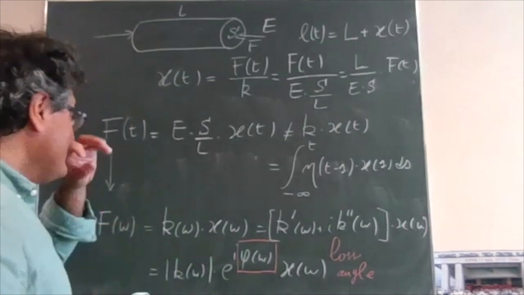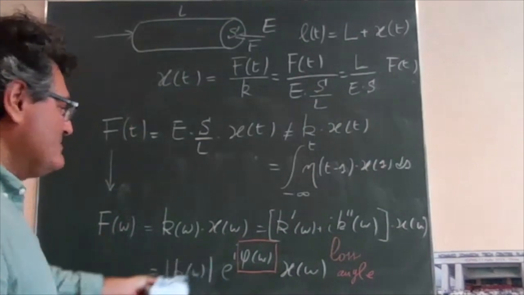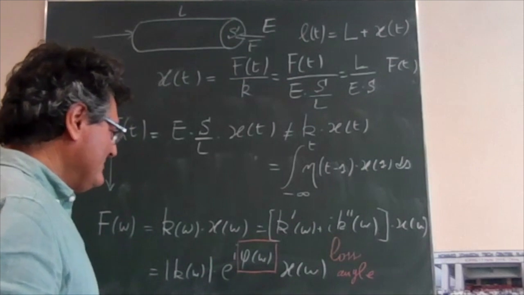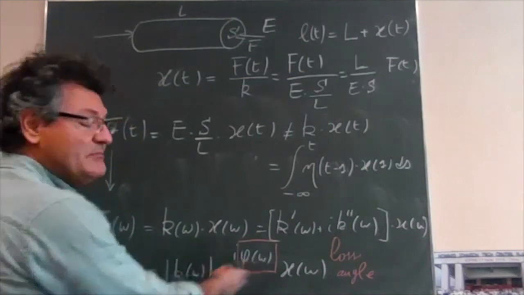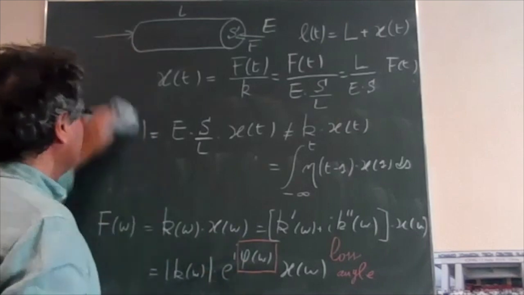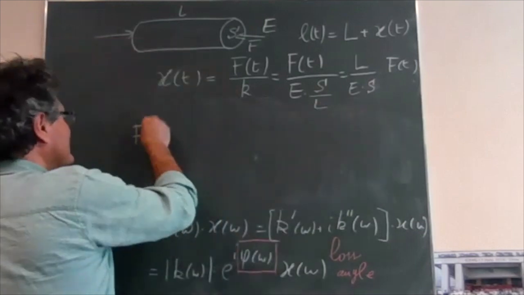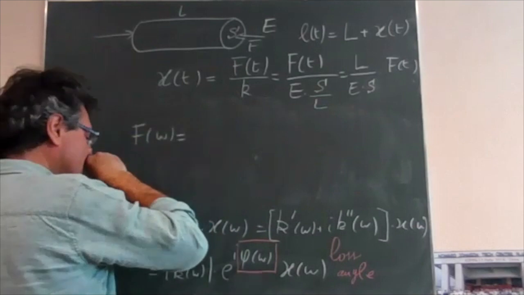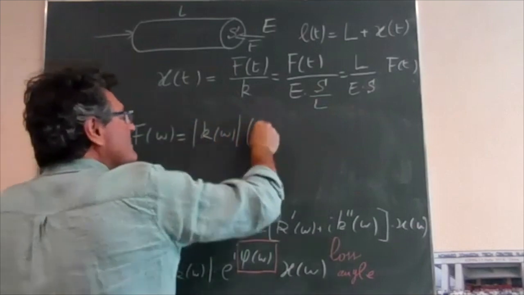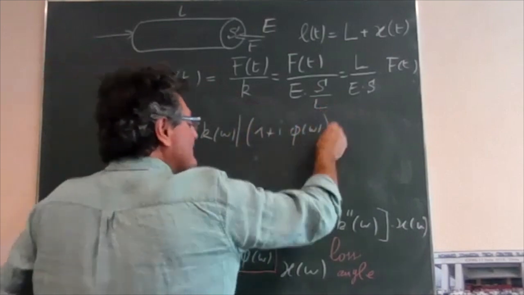Okay, so therefore, as you may expect, there is a simpler expression of the response, which is this one: f of omega is k of omega times 1 plus i phi of omega.